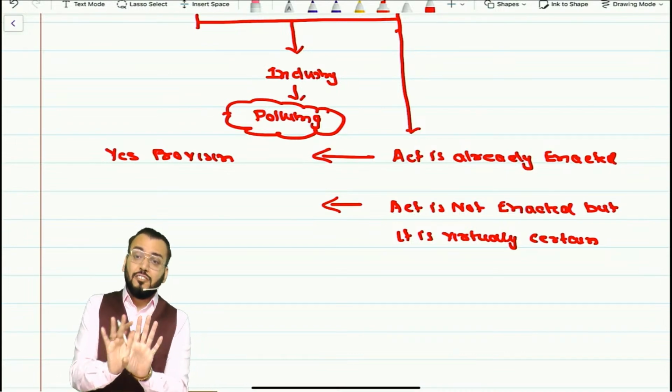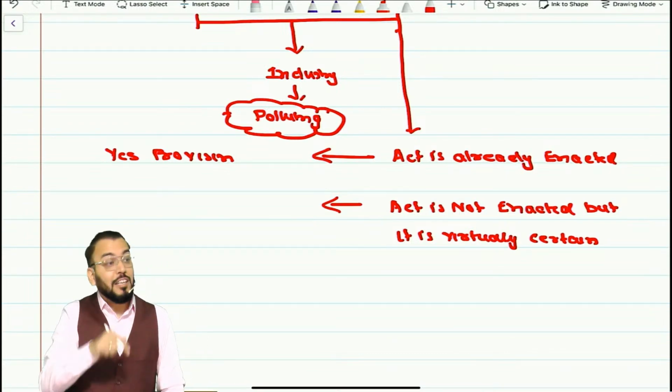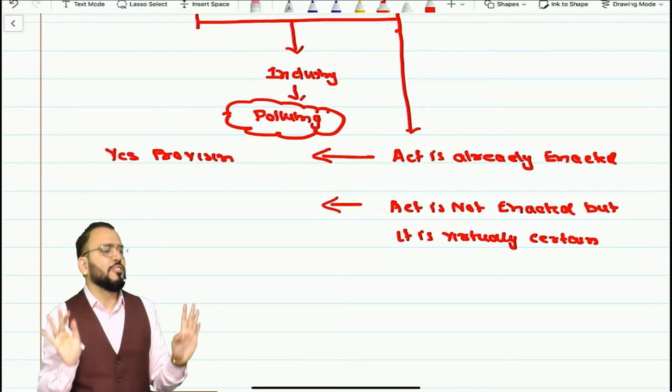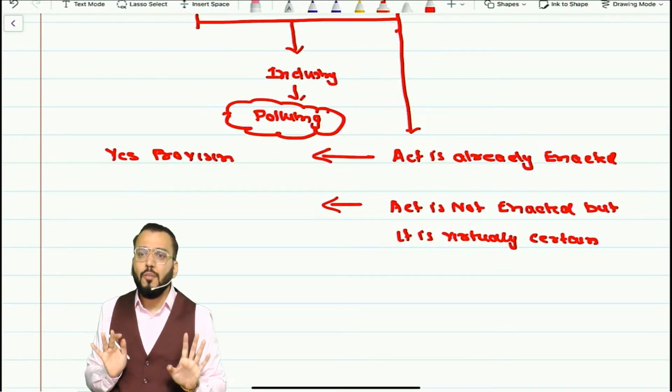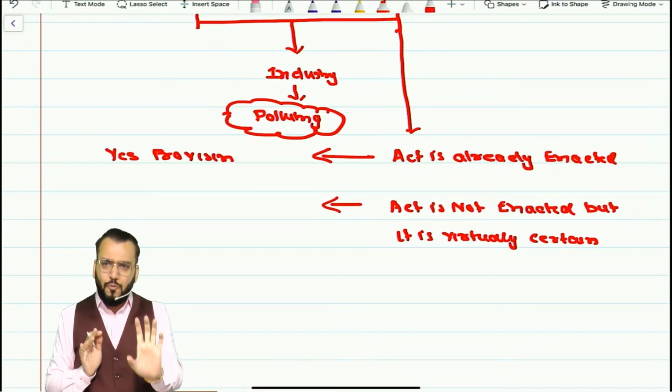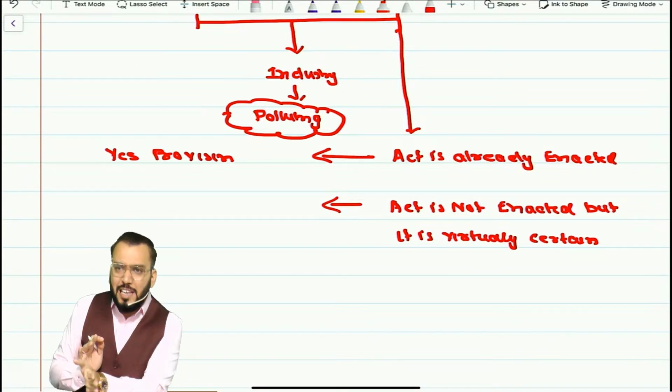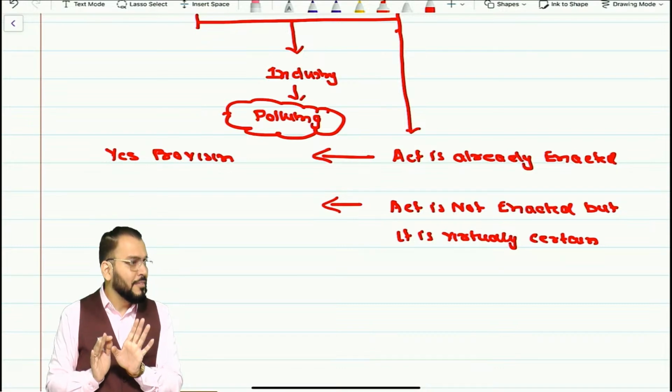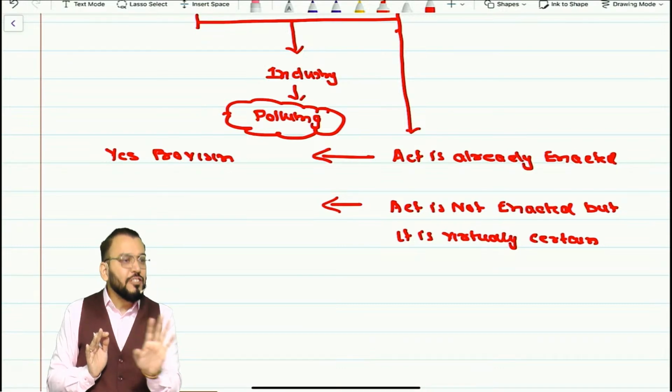Now, virtually certain is not defined. When it becomes virtually certain is a matter of judgment. If in the exam they say it is virtually certain, of course we'll assume that it will be enacted within a short period of time.